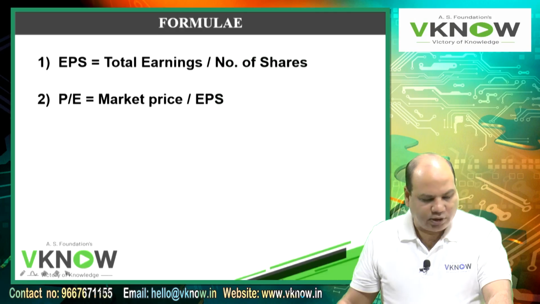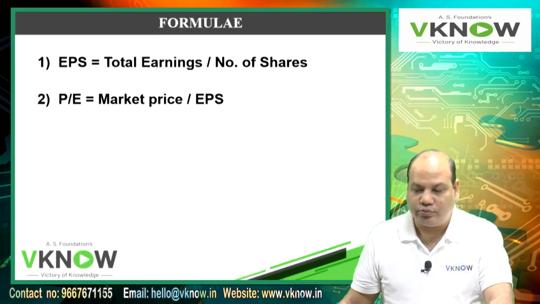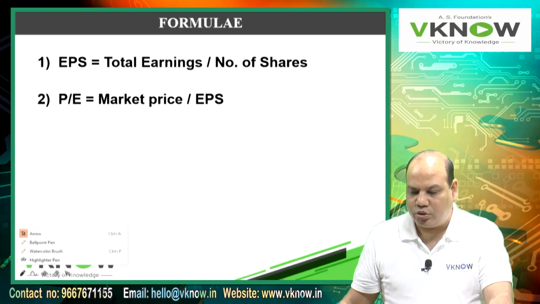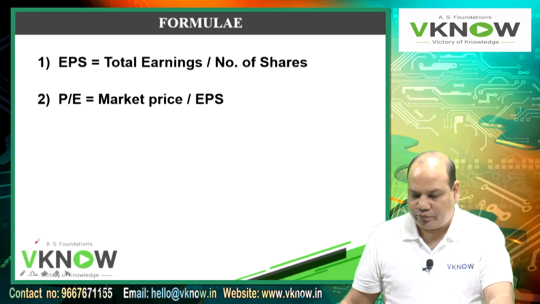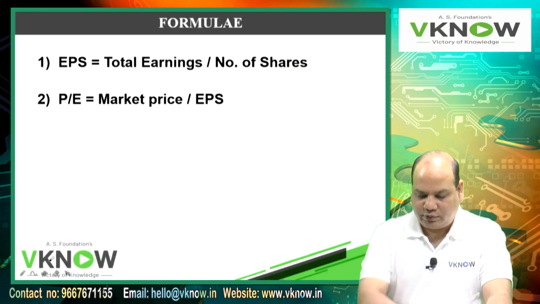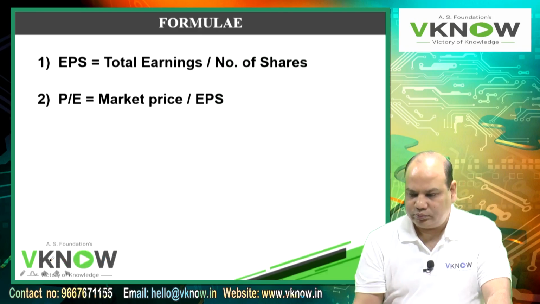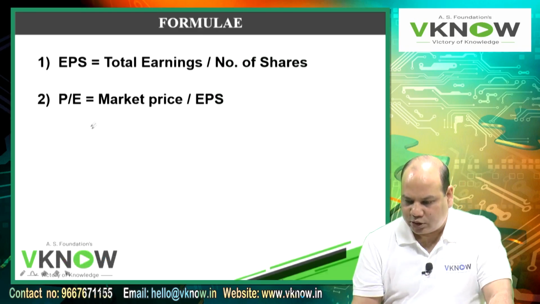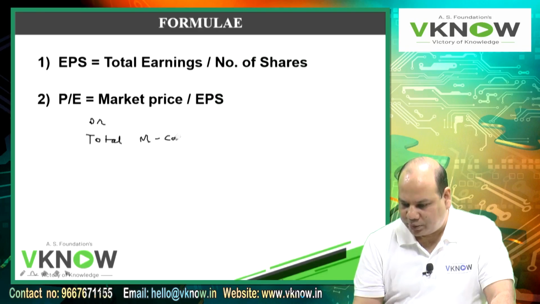Next basic formula in this chapter is P/E ratio, which is market price upon EPS, or you can also say it is total market capitalization divided by total earning. So I will write one more formula here, or total market capitalization divided by total earnings.